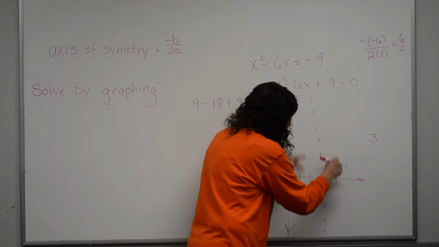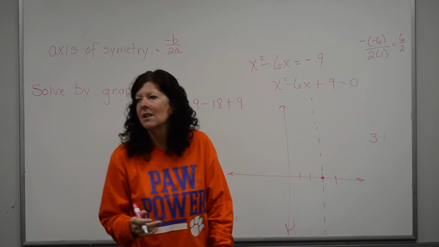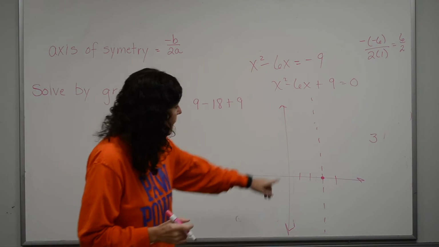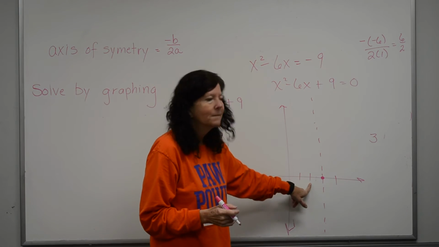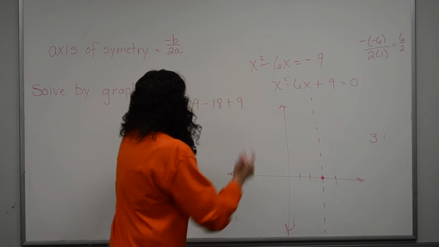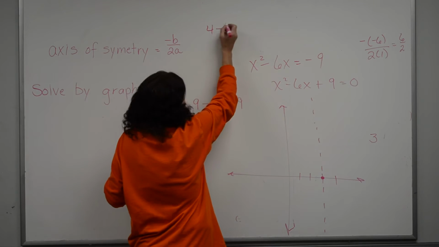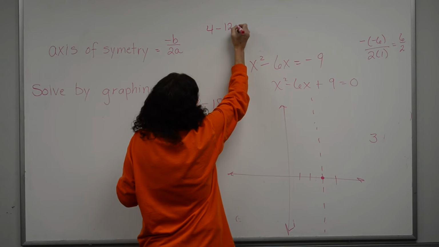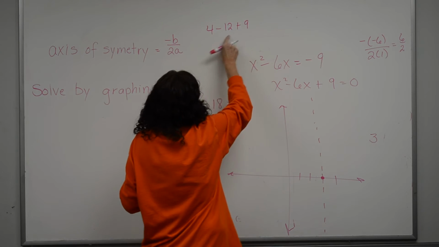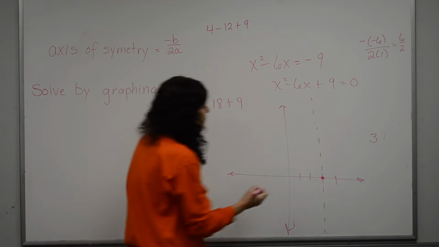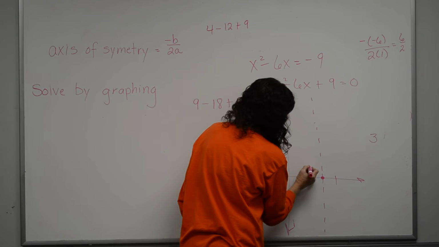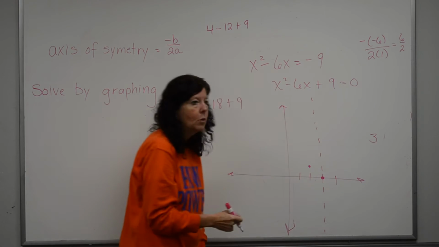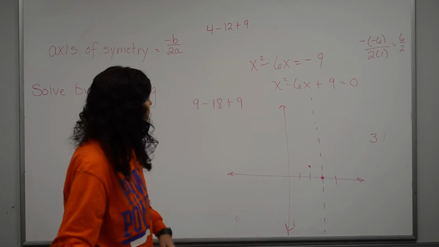So I need a point on both sides of that vertex. So I want to plug in 2. So I plug in 2 into this. So I'm going to get a 4 minus 12 plus 9. So that's going to give me a -8. That's going to give me a 1. So I have a 1 right here at 2, 1. Then I'm going to plug in a 3.